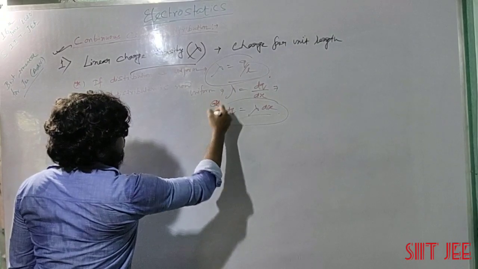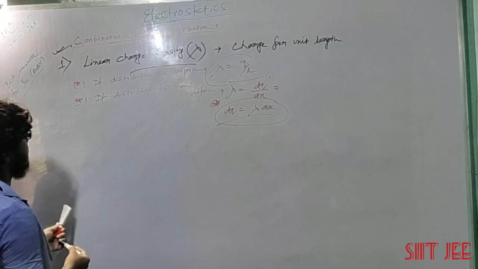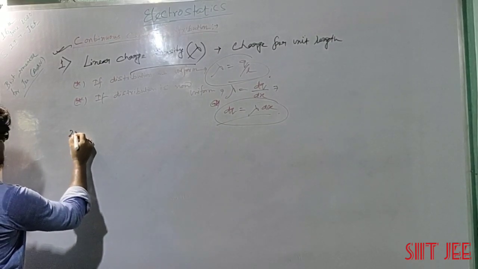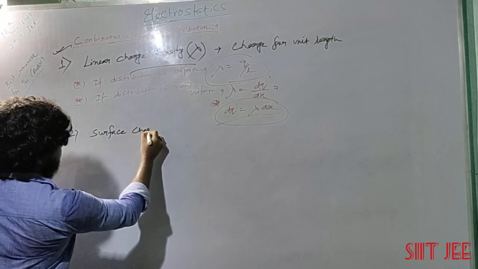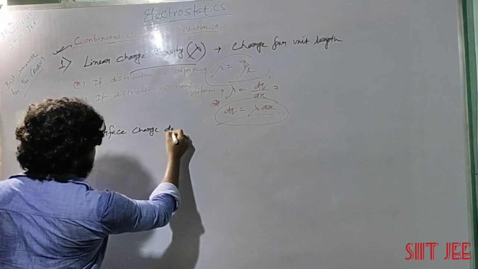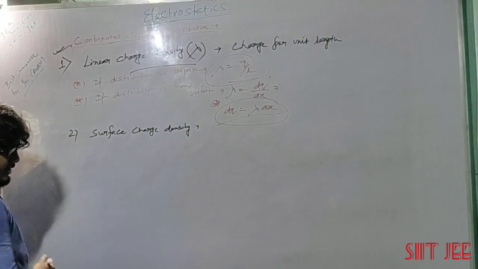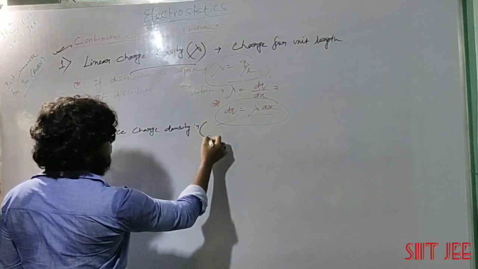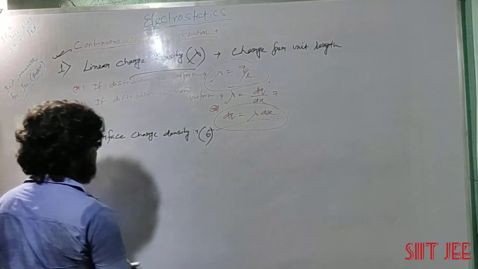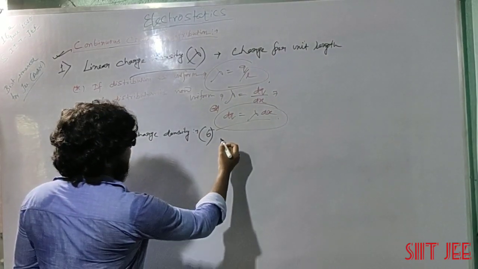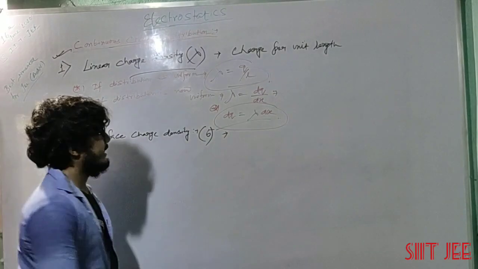Best important equation. Surface charge density: sigma is equal to charge per unit area.